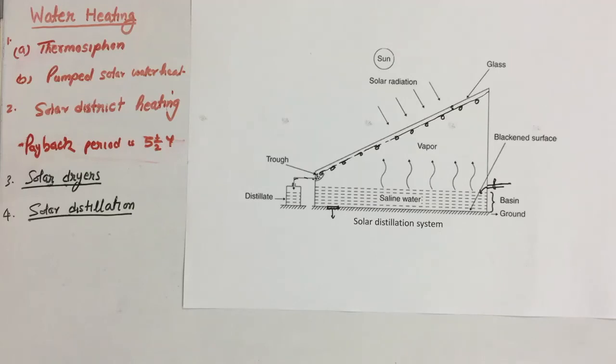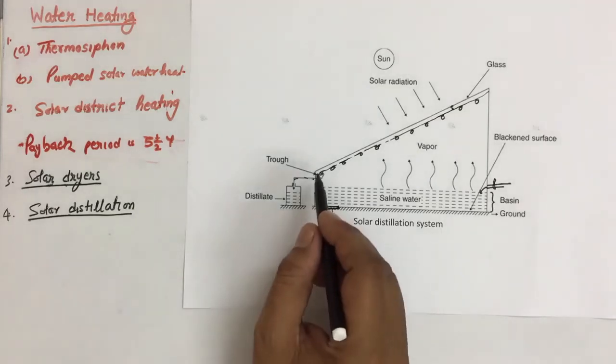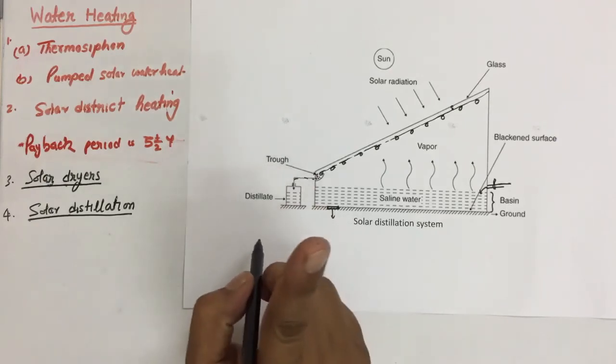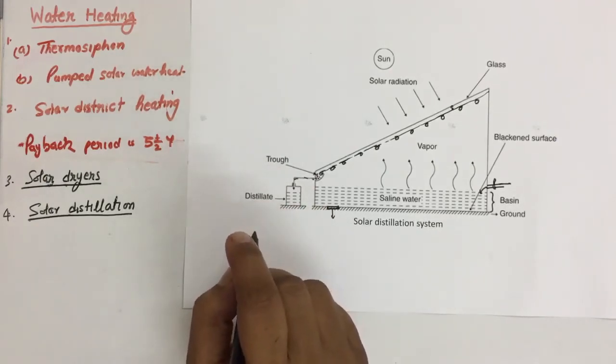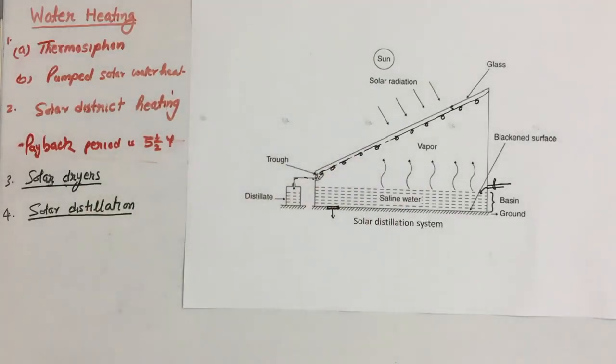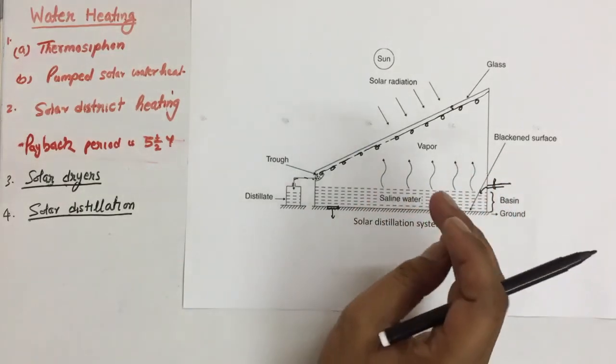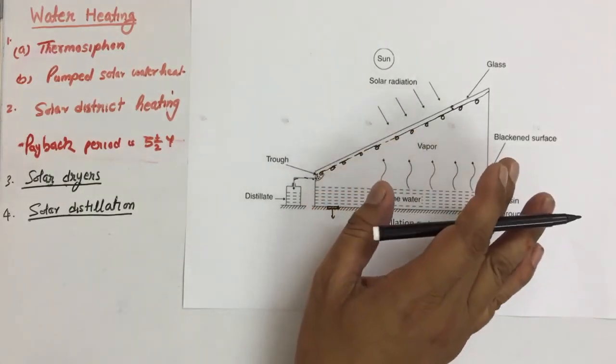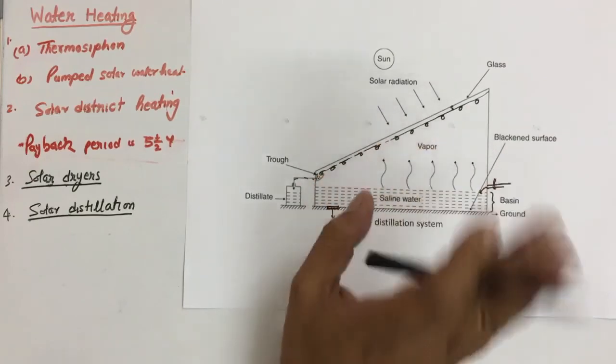For example, first thing, it produces pure water. Second thing, unlike the conventional purifiers, it does not require any prime movers. Third thing, no energy requirement is there, however any conventional purifier can have. And the next, it is very, very simple. No skilled operation is required in this case.